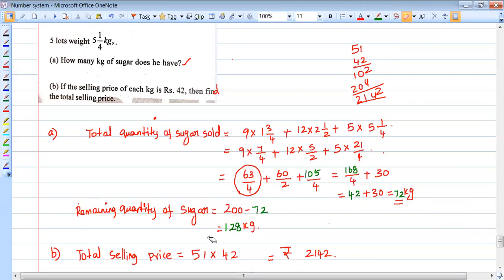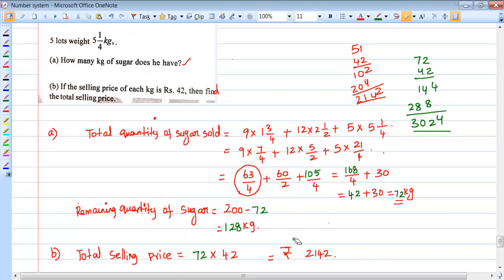And last one, the question is 72. Then 72 into 42 is your right answer. 2 2s are 4, 7 2s are 14, 2 4s are 8, 4 7s are 28, 4 2 1 0 1. 3024 is the right answer.